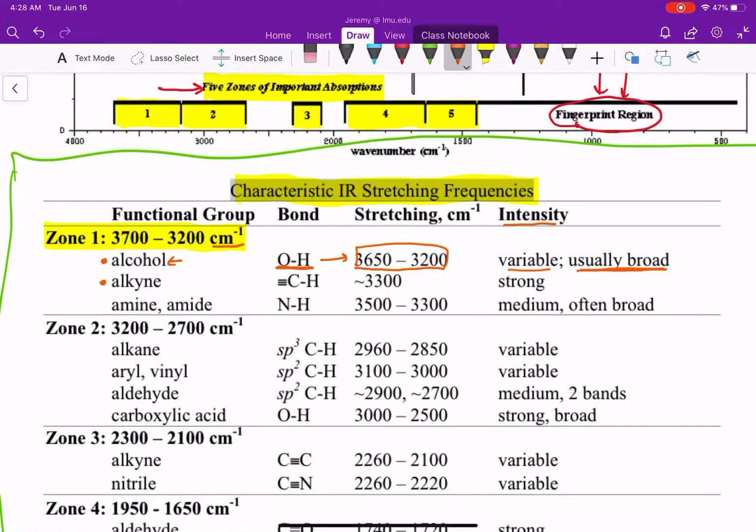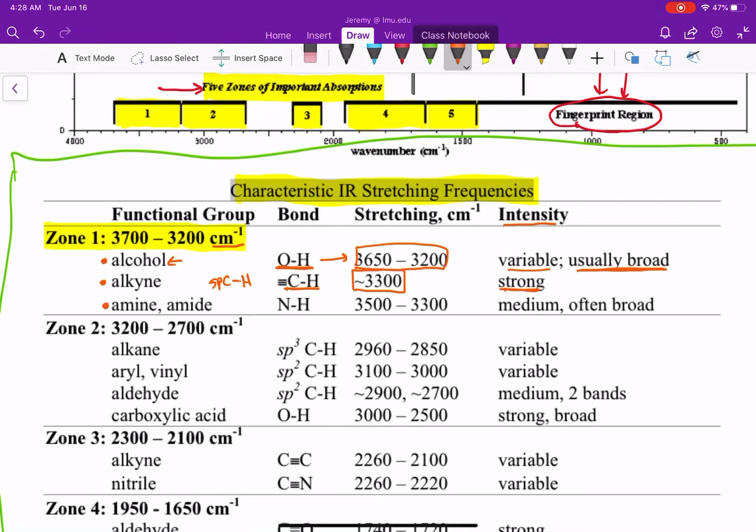The second bond we need to look at is an alkyne, but not the carbon-carbon triple bond. We're specifically looking at the sp carbon to H bond. An sp carbon to H bond will absorb at about 3,300 wave numbers, and generally that's going to be quite strong.